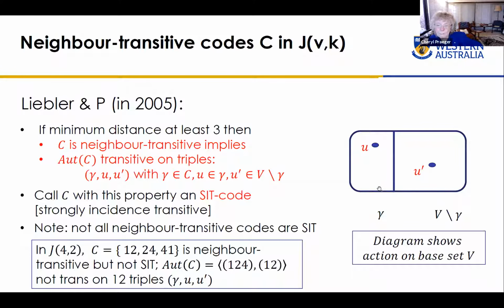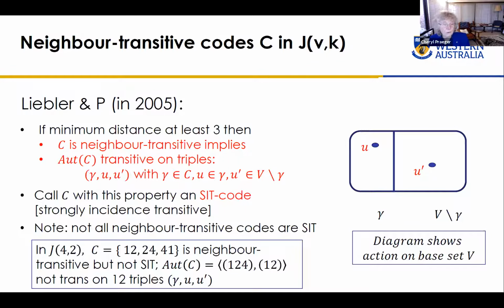So I'm going to be looking at code words, gamma. I'm going to choose a point U inside the code word and a U prime outside the code word and look at those sorts of triples. Gamma's a code word, U's in gamma, U prime's not. And I want Aut C, or it turns out that Aut C is transitive on these triples.